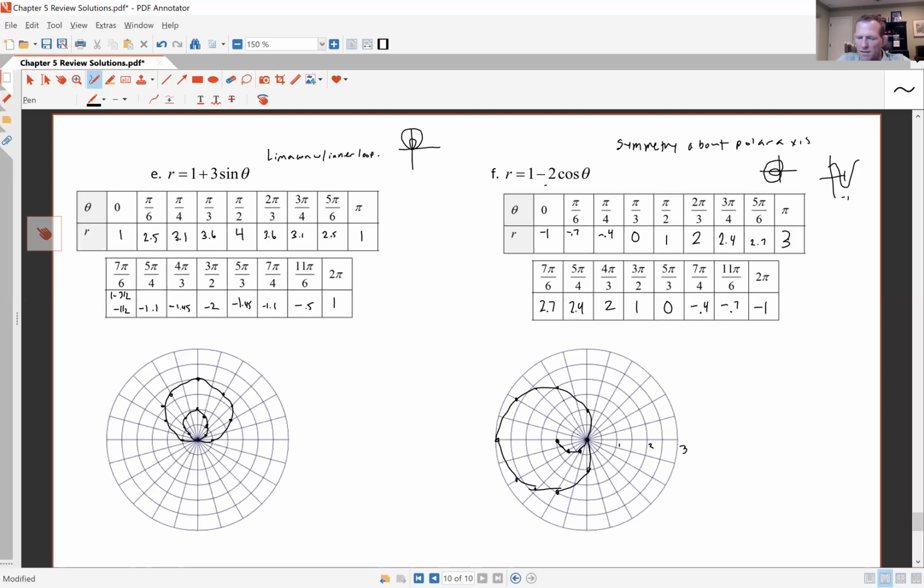And then we're going to get the other part of the loop. 7 pi over 4 is negative 0.4. 11 pi over 6 is negative 0.7. And 2 pi is back at negative 1, finishing off the inner loop.